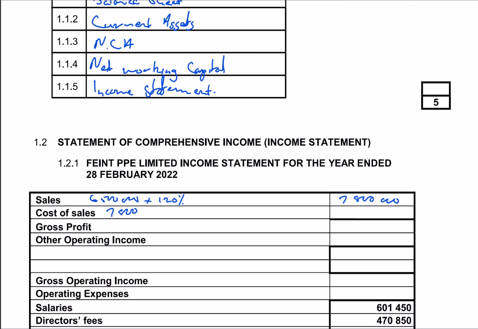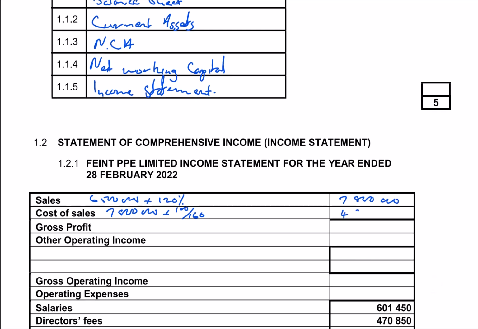So our cost of sales will be 7,800,000, our sales, multiplied by 100 divided by 160, and we're told that there are no returns. So multiply by 100 divided by 160 to get 4,875,000.